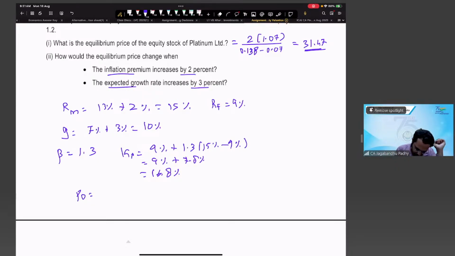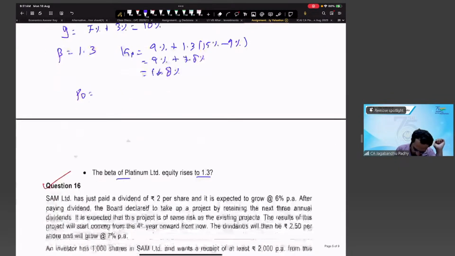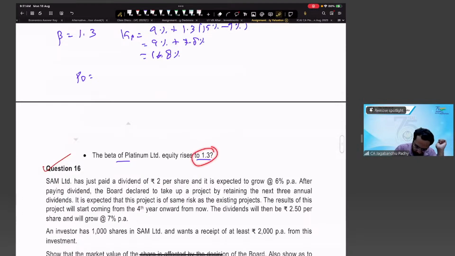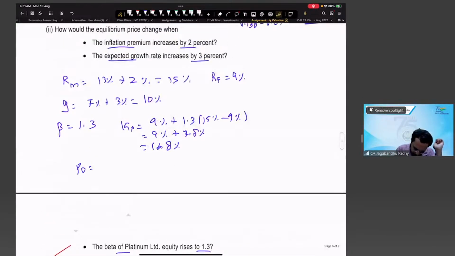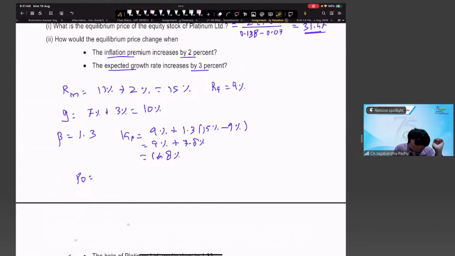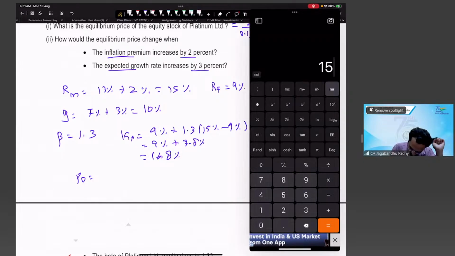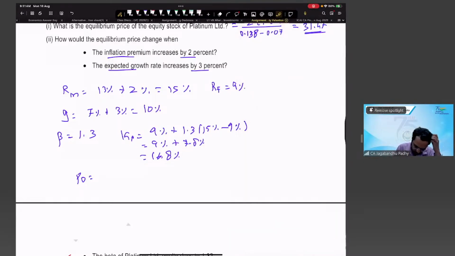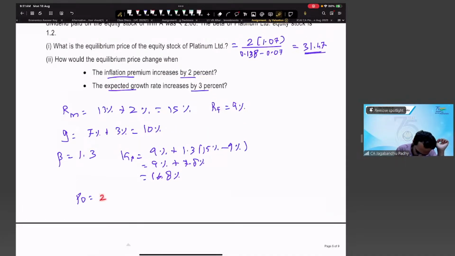Beta is 1.3, the new beta. After accounting for that, 15 minus 9 is 6, into 1.3 is 7.8. Correct. So price will now be 2 into 1.1 upon 0.168 minus 0.1, because the growth rate is also different.